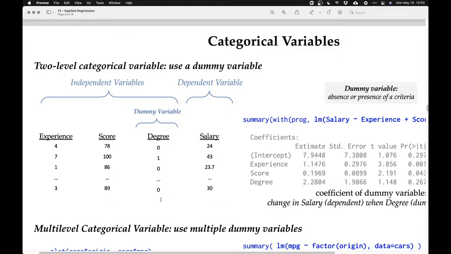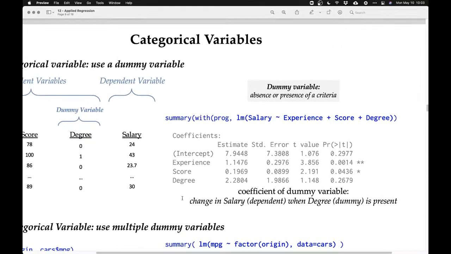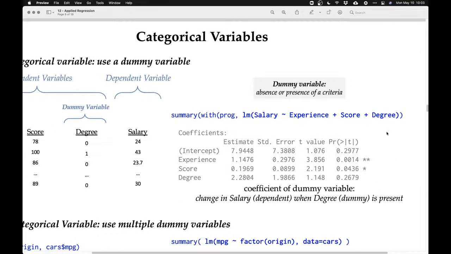Who knows? Maybe there's no such thing as better. Everyone is different. However, if we want to put a categorical variable into our regression, then we have to codify it as 0 and 1 or some distinct integers. Ordinarily, I should say factor(degree).